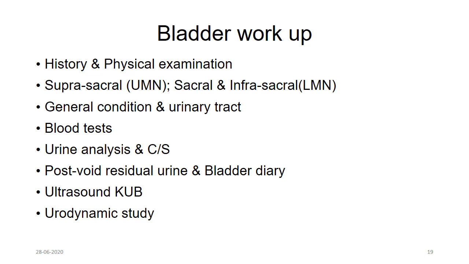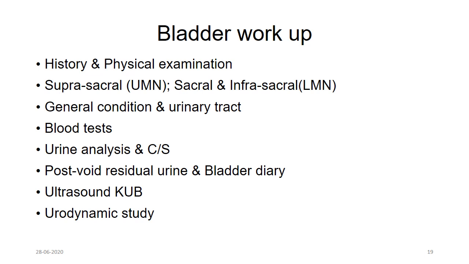Before going to the management, we have to assess the general condition of the patient and the urinary tract in particular. For this, we have to do blood tests like CBC, ESR, fasting blood sugar, postprandial blood sugar, and sometimes HbA1c to assess the glycemic status.